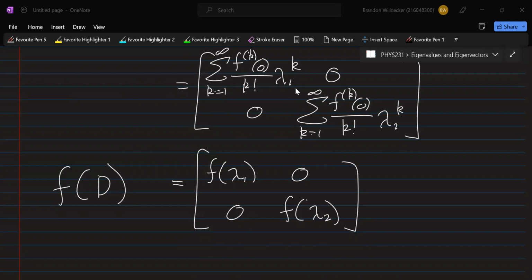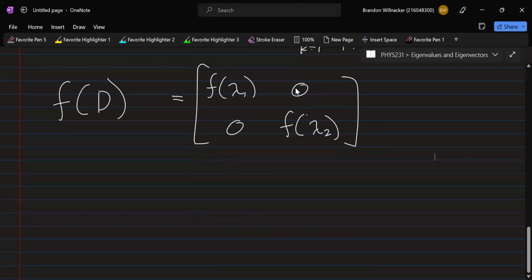Okay, so that's good. However, we are going to be working with matrices that are not diagonal. So we're going to start off with some arbitrary matrix A, and we want to take the function of it. How do we do that? Well, we'll see that this idea of diagonalization makes it very easy to do.